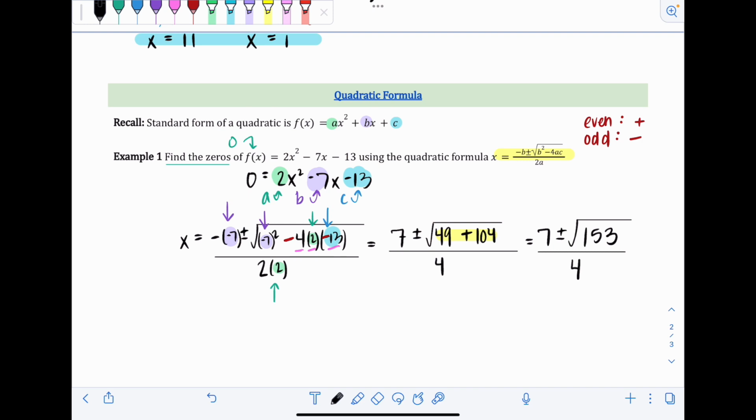So the zeros of this problem are going to be x equals 7 plus or minus the square root of 153 all over 4. And this represents 2 different answers because it could be 7 plus the square root of 153 over 4, or it can be 7 minus the square root of 153 over 4.